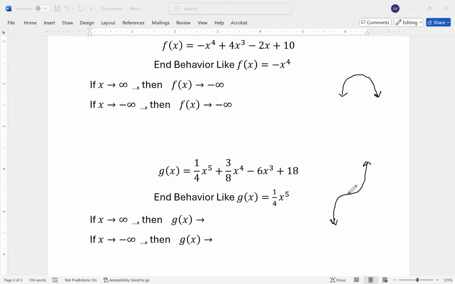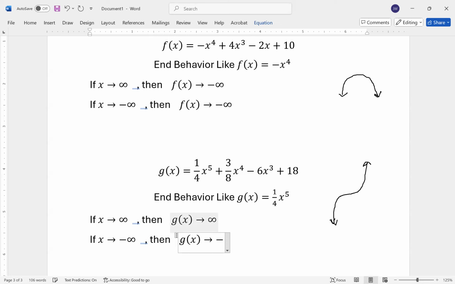So as x goes to positive infinity, I know my function value is going to positive infinity. In other words, it's moving up. If my x goes to negative infinity, then my function is moving down.